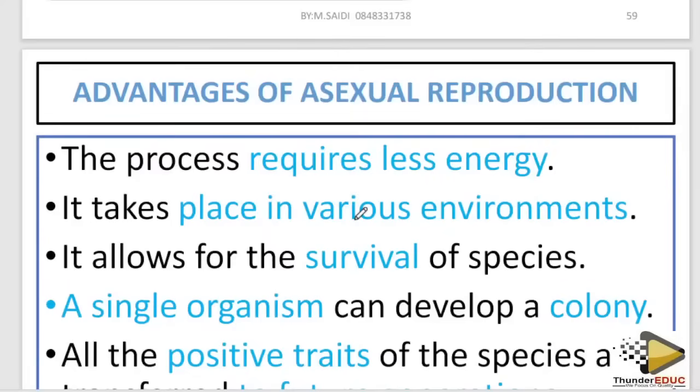Sexual reproduction uses a lot. Why? You have to chase someone, you have to beg someone. If you're a dog or a cow, you see that they have to chase each other for reproduction to take place. So that's why we say it requires a lot of energy.